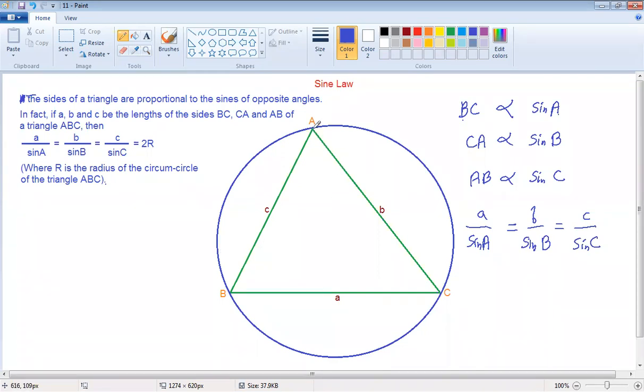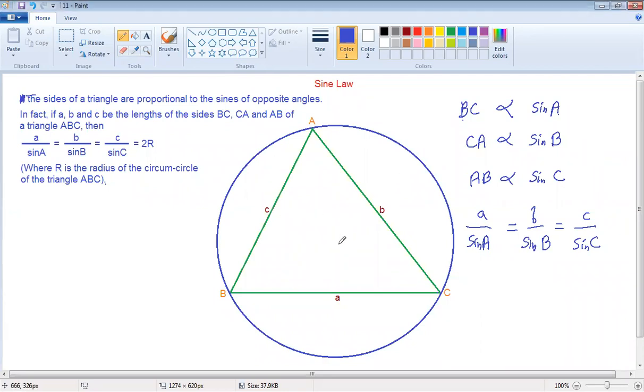Here, see, this circle, as shown in the figure, is passing through the vertices of the triangle ABC. So this circle is the circumcircle of the triangle.